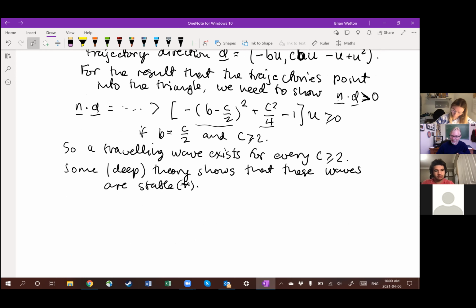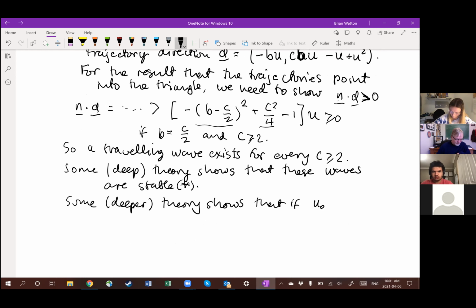There are different definitions, which you have to think very hard about which one would apply to your physical situation. But more than that, I'll say some even deeper theory shows that if your initial conditions have compact support. So what is compact support?